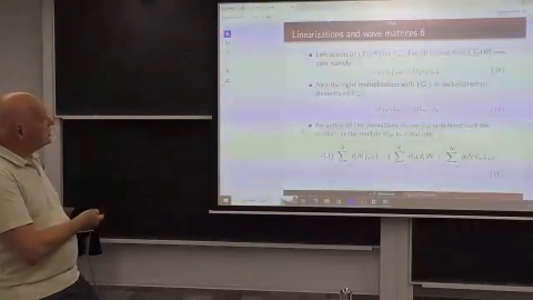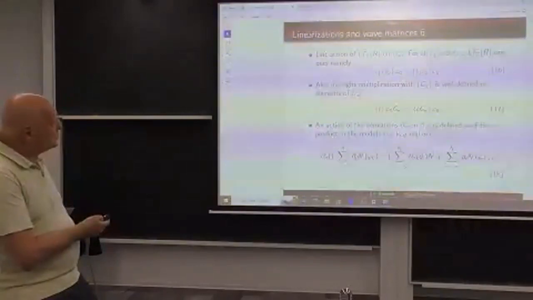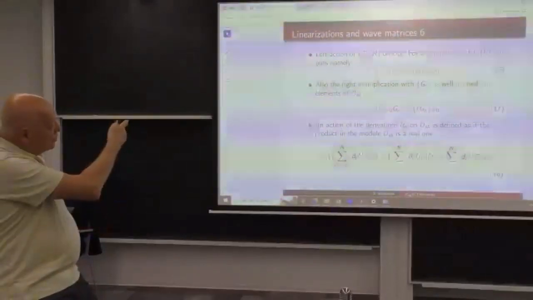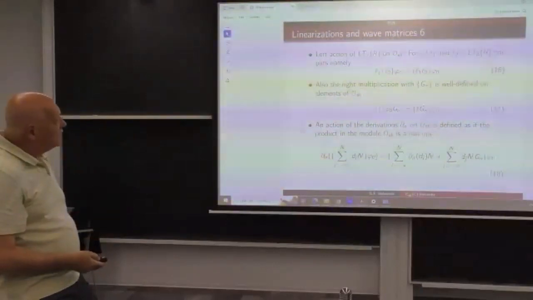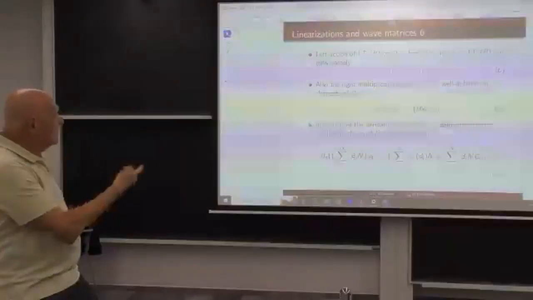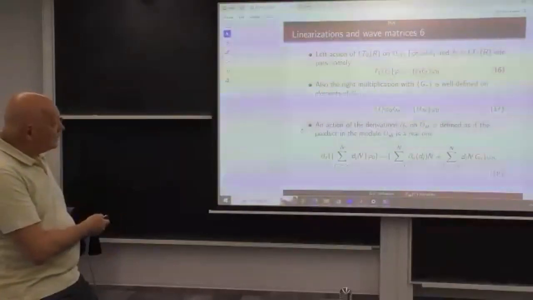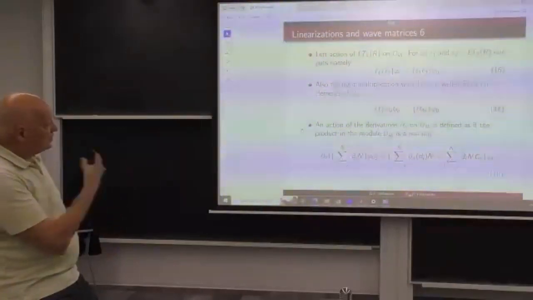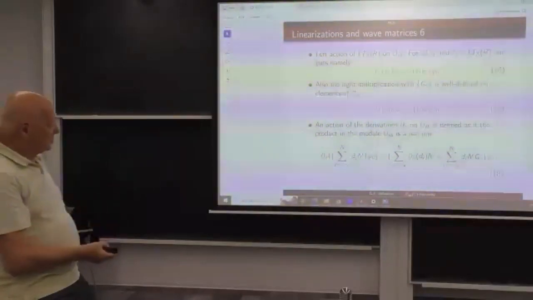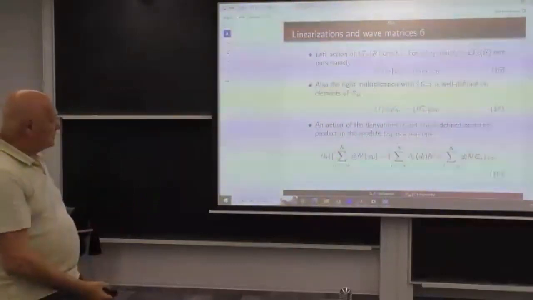Now, how is the action from the left of elements from the pseudo difference operators? You simply shift the L1 inside this product, and that's all right. Multiplying from the right with G sigma, remember that phi 0 commuted with G sigma, so you shift it in from the right.